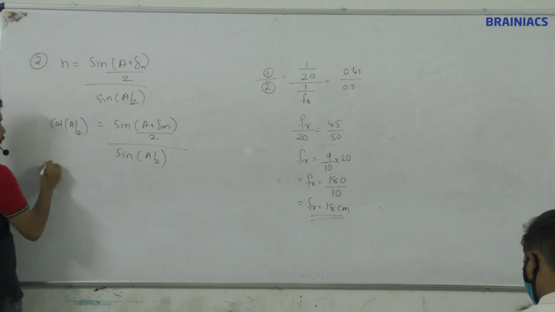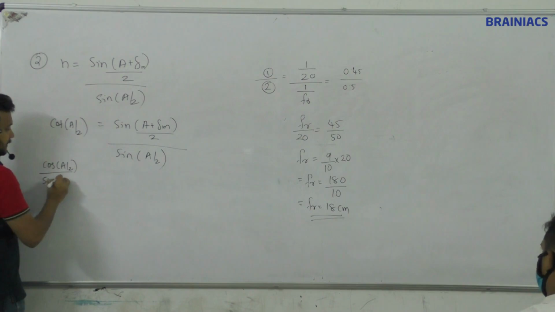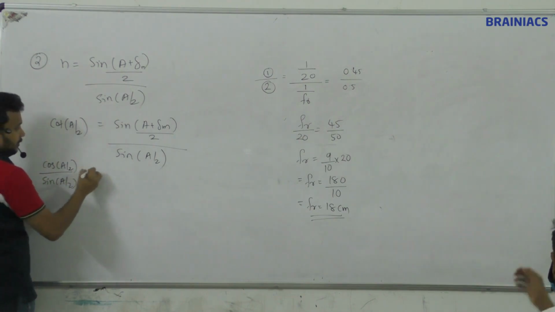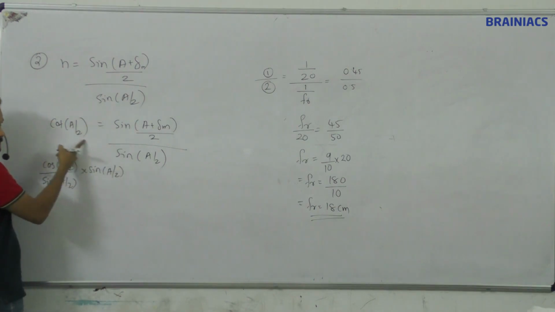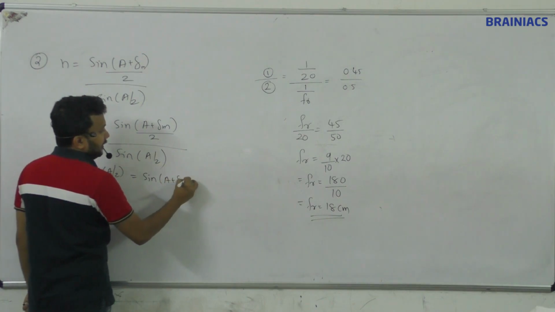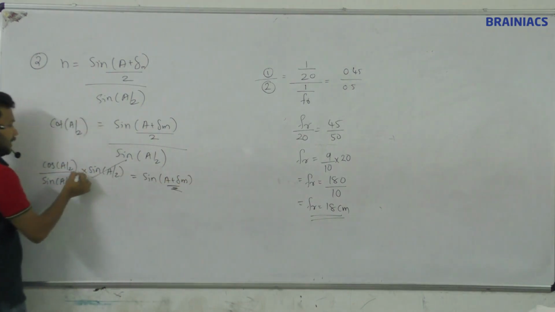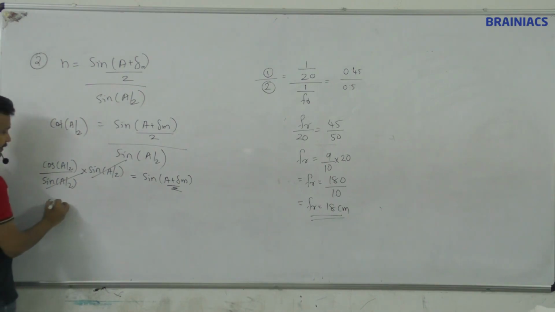What is cot A by 2? Cos A by 2 by sine A by 2, multiplied by sine A by 2. This sine is multiplied here. So sine of (A plus delta m) by 2, the 2 cancels. Cos A by 2. So what will come on the left side?